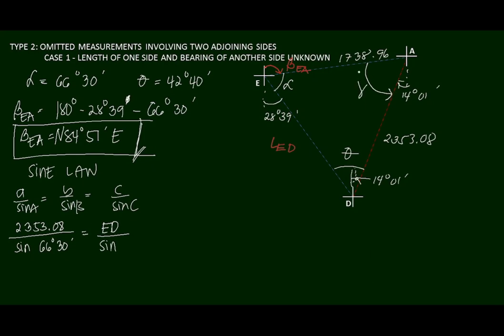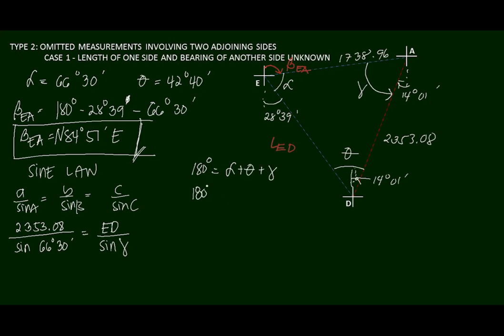So, how am I going to solve the value of my gamma? Again, sabi nga natin last time, the sum of the interior angles of a triangle is equal to 180 degrees. So, if I'm going to use that one, 180 degrees is equal to alpha plus theta plus gamma.